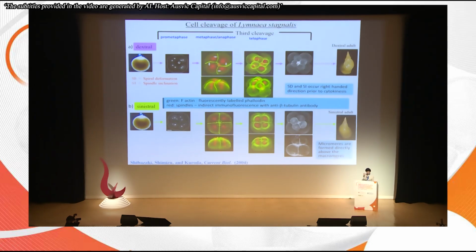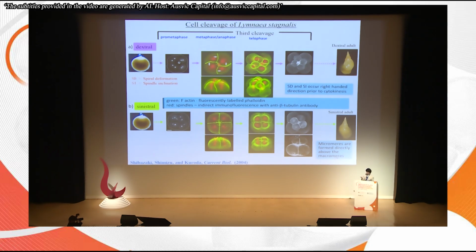But if you look carefully, symmetry is broken. Here at this phase, metaphase, anaphase, the cell is already deformed in a spiral direction. I named this SD, spiral deformation, and the spindles are also helically twisted. So I call this SI, spindle inclination.